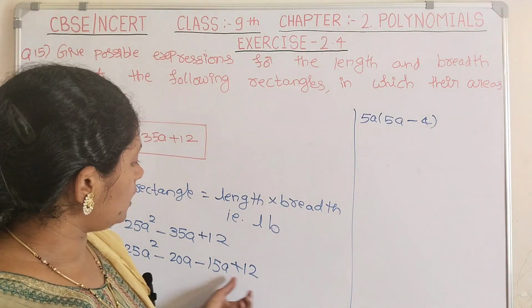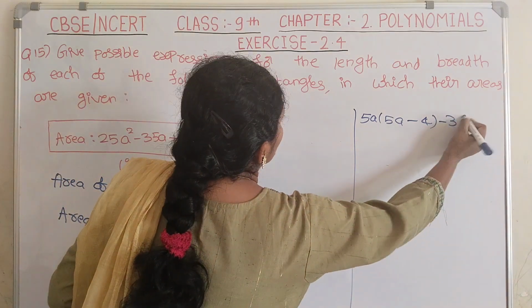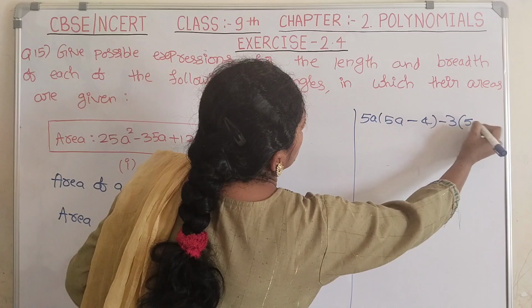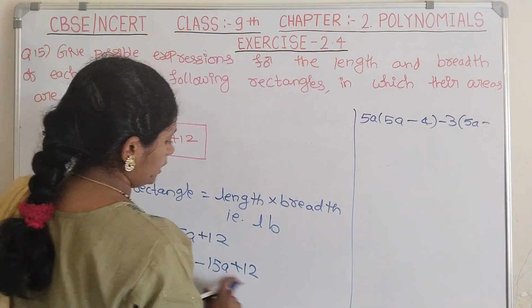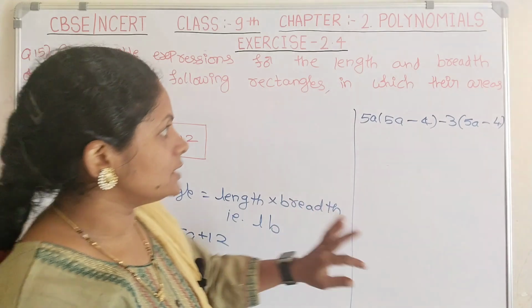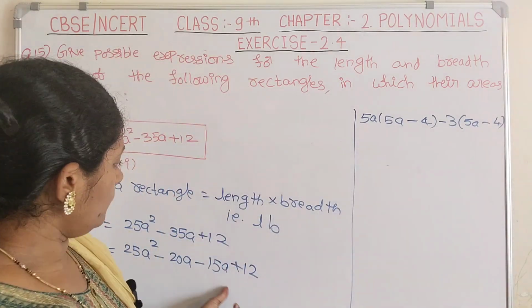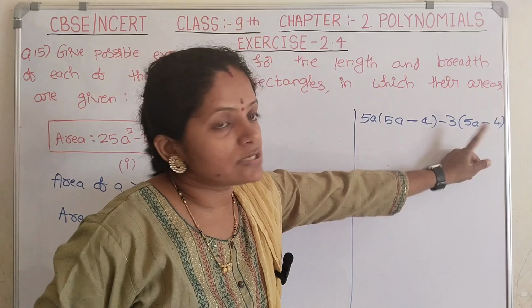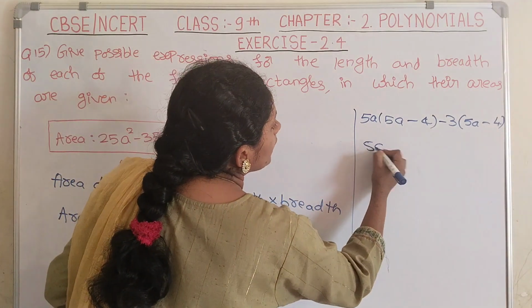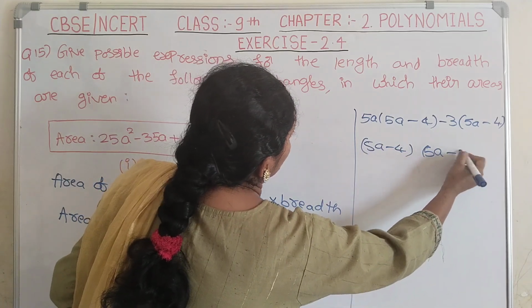Minus 3 can be taken common. Minus 3 into 5a is minus 15a, right? Minus into minus is plus, 3 4s are 12. Yes. Here 5a minus 4 into 5a minus 3.